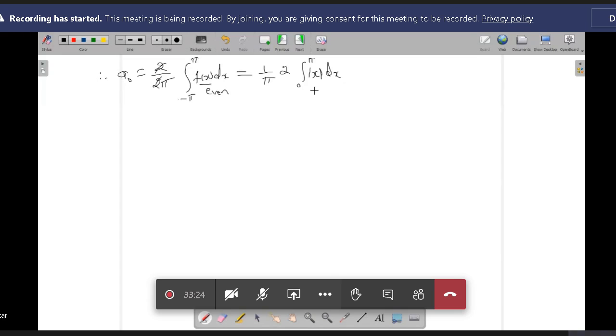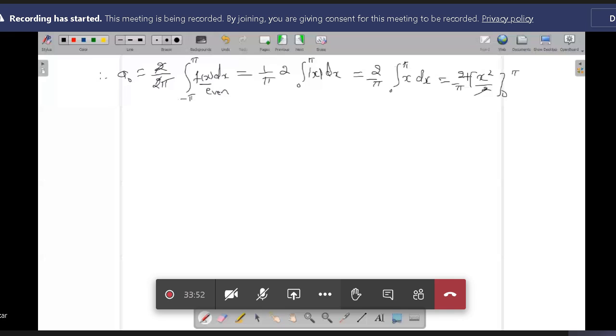So mod x definition in the interval 0 to pi is plus x. So that is 2 by pi, integration from 0 to pi, the mod x becomes x only, into dx, because we have defined it in the interval 0 to pi. So that will be 2 by pi, integration of x is x square by 2, limits from 0 to pi.